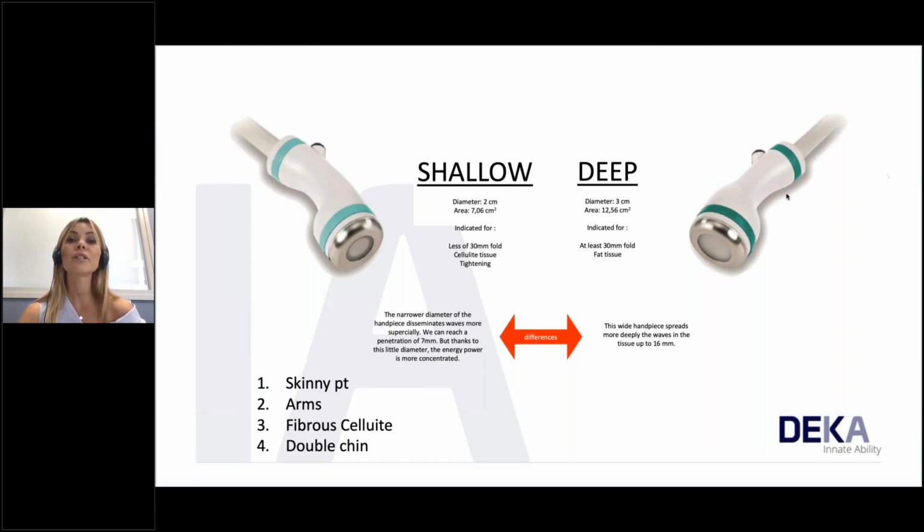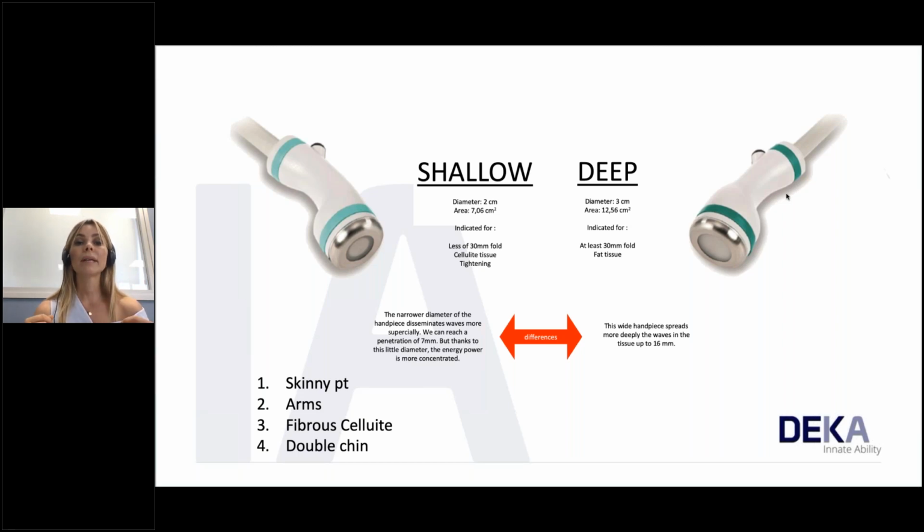They are also used for the new field of application of Onda, which is the submental area. And attention, they are used for the treatment of fibrocellulite. So when we have a very fibrous cellulite in stage 3 and 4, instead of using the deep NPs, we will use the shallow NPs.